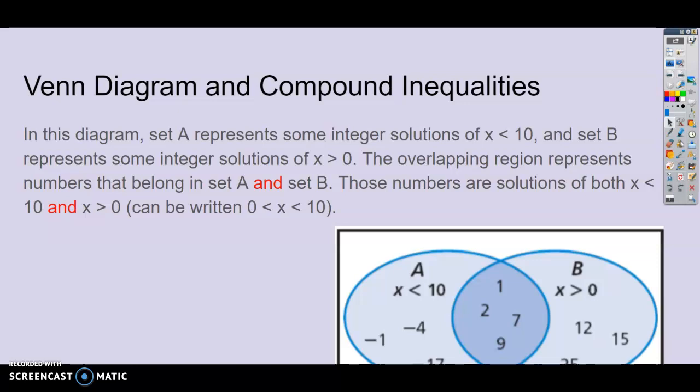The overlapping region represents numbers that belong to set A and set B. So the ones in the middle here, 1, 2, 7, and 9, are both less than 10 and greater than 0. Those numbers are solutions of both inequalities. This can be written as 0 less than x, which is less than 10.